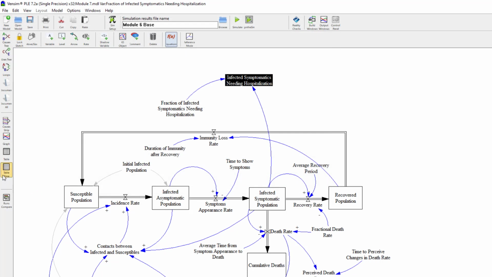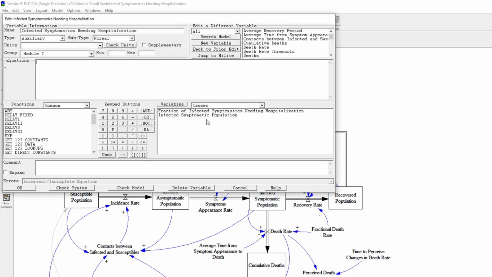Click OK. Now the equation for infected symptomatics needing hospitalization would be infected symptomatic population multiplied by fraction needing hospitalization, and the unit's going to be same as infected symptomatic population, which would be person.